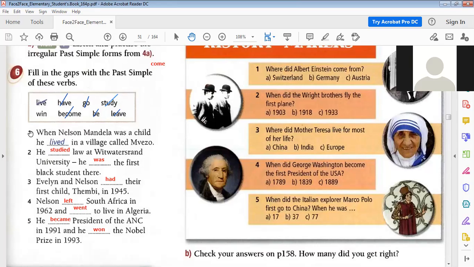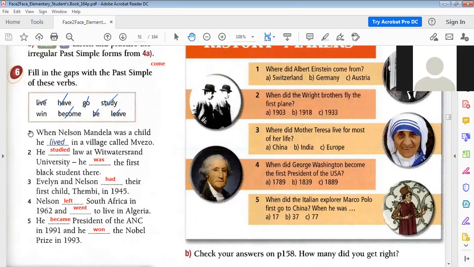Nelson left South Africa in 1962 and went to live in Algeria. Yes.